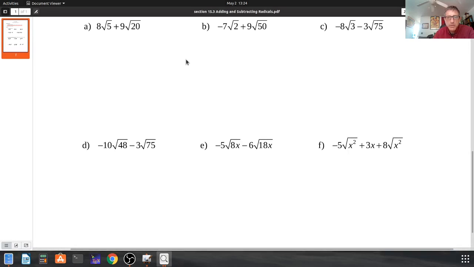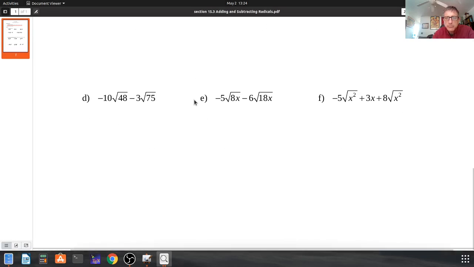And the last one, variable terms. We'll do them all. I've just got to take a note down here. Minus 10 the square root of 48, because I can't scroll down any further than where I'm at. Oh, there's 3 on the square root of 75 again. So let's do number 10.